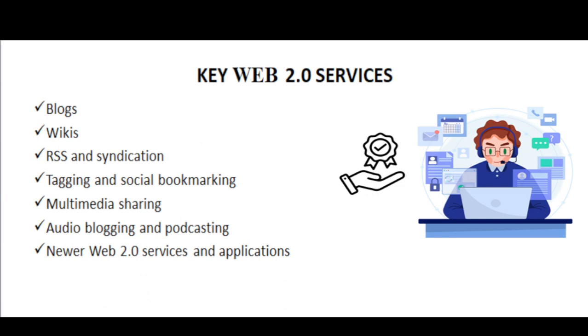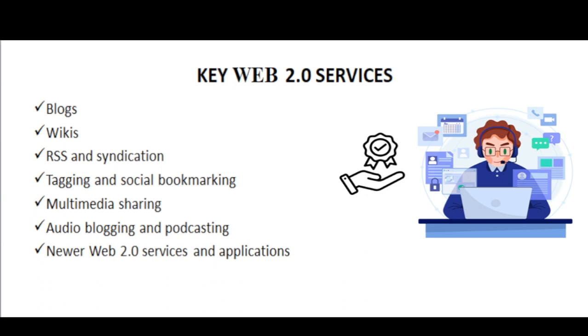Then the new Web 2.0 services and applications. This category encompasses emerging web technologies and services that build on principles of Web 2.0, emphasizing user-generated content, usability, and interoperability. Various companies and developers have introduced newer Web 2.0 services since the mid-2000s.